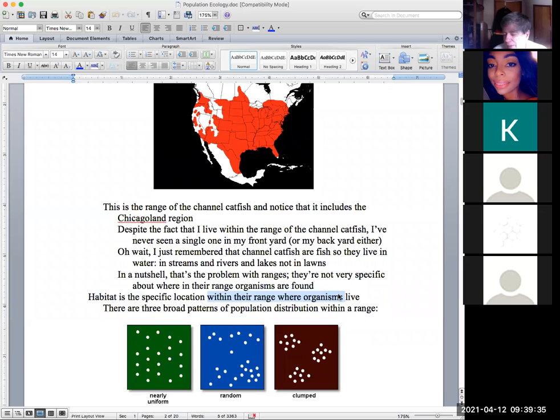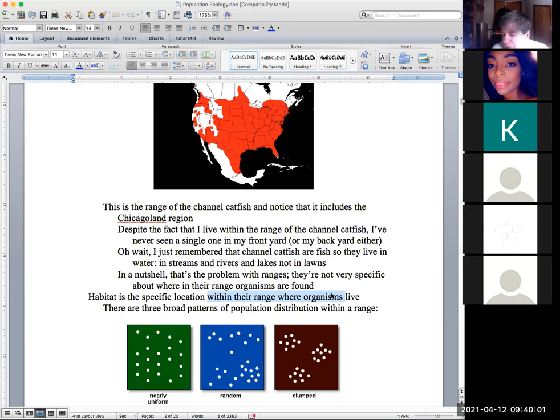But their habitat, we wouldn't be able to show. It would be a lot of little red dots here and there, because those dots would be focused on areas where there are streams, and in particular, streams that have relatively fast currents. So the habitat is usually a verbal description of where an organism lives.